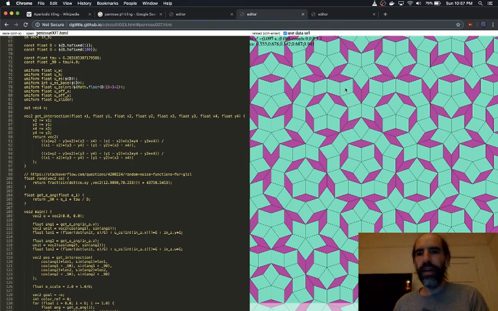It turns out, because these are parallelograms, meaning the opposite sides are parallel to each other, that when we go along one of these lines, these lines are always parallel.